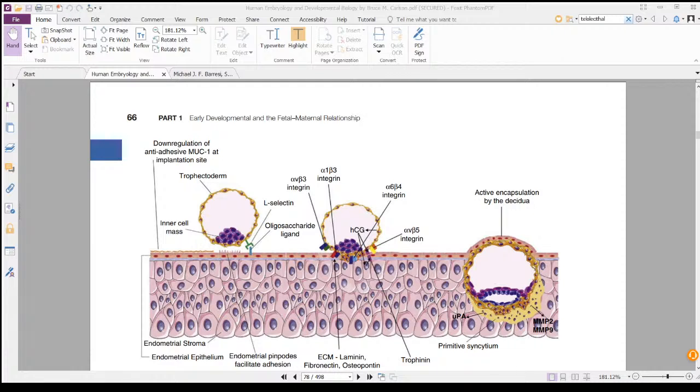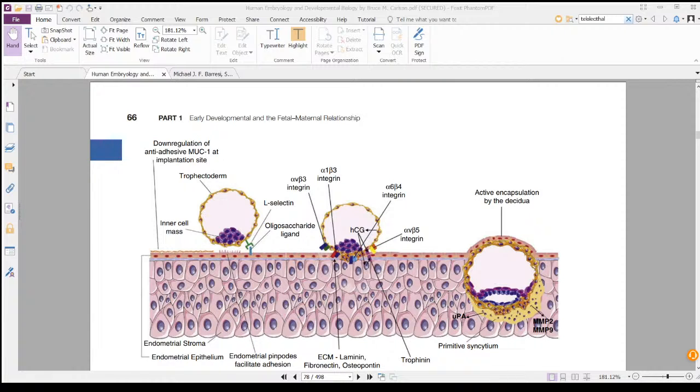Now, the trophoblastic cells of the pre-implantation blastocyst, meaning before the blastocyst has been implanted, also express adhesion molecules on their surface. Now the blastocyst attaches to the endometrial epithelium through the mediation of these specific adhesion molecules.